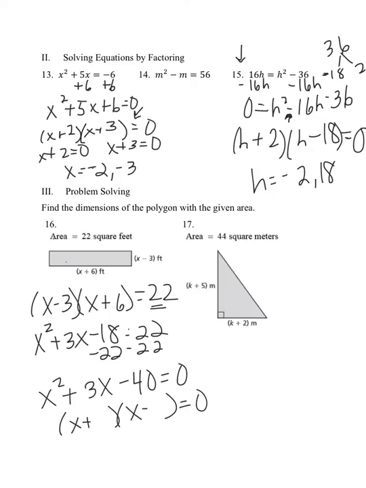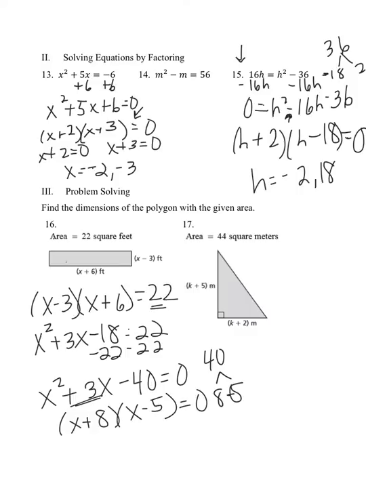I think of 8 and 5. Ooh, 8 and 5, there it is. So 40, break it down, 8 and 5. When I multiply 8 and 5, I get 40. When I subtract them, I get positive 3. So that means I need a greater positive in this one. So 8 has to be positive, 5 has to be negative. So it's going to go like this.